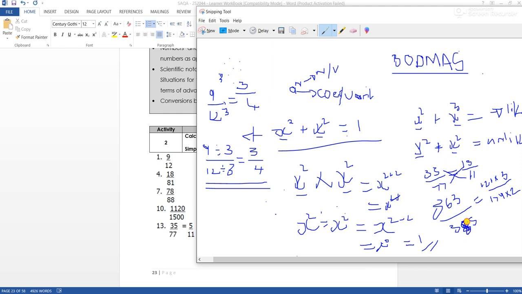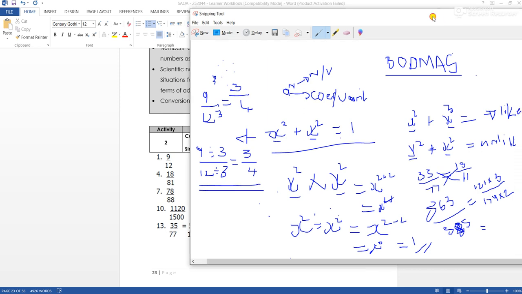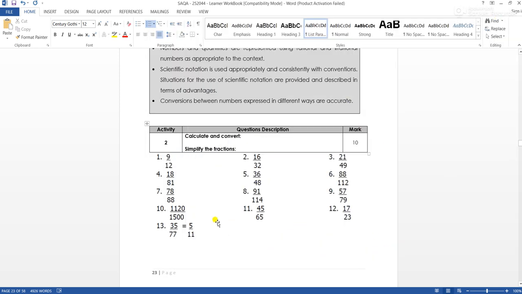So we're simplifying it further up until we reach the number that we wanted. So you can use many ways in order for you to simplify it further. So you'll use that approach for number 13.